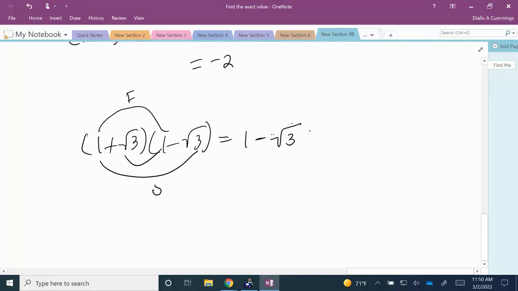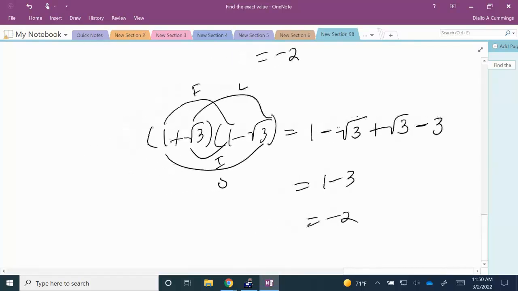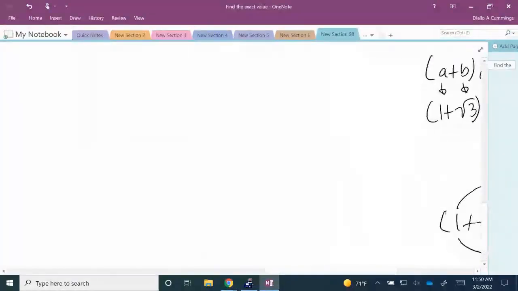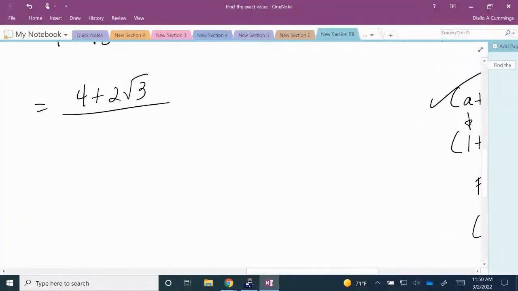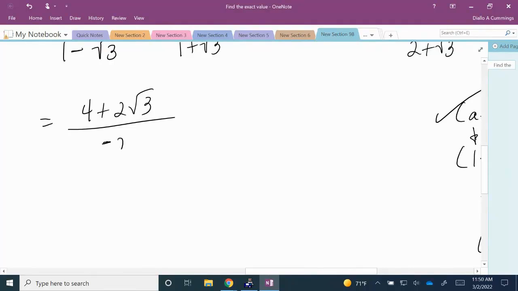We can multiply the innermost terms: we get a positive square root of 3. We can multiply the last terms: a positive times a negative is a negative. The square root of 3 times the square root of 3 is the square root of 9, and the square root of 9 is perfectly 3. So we're left with 1 minus 3, which is negative 2. So we have negative 2.